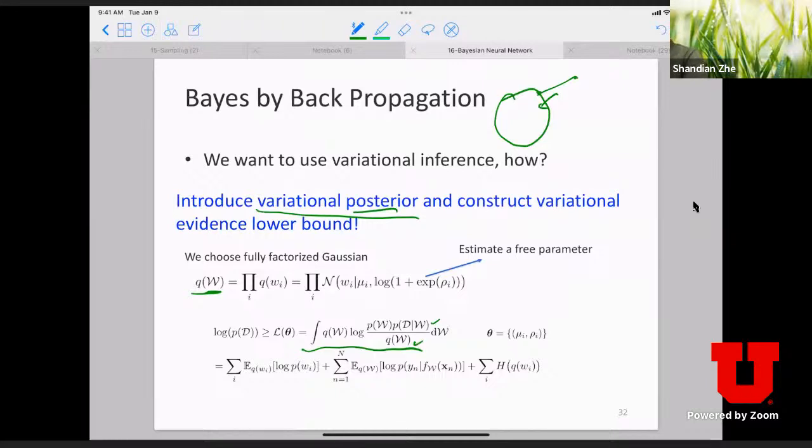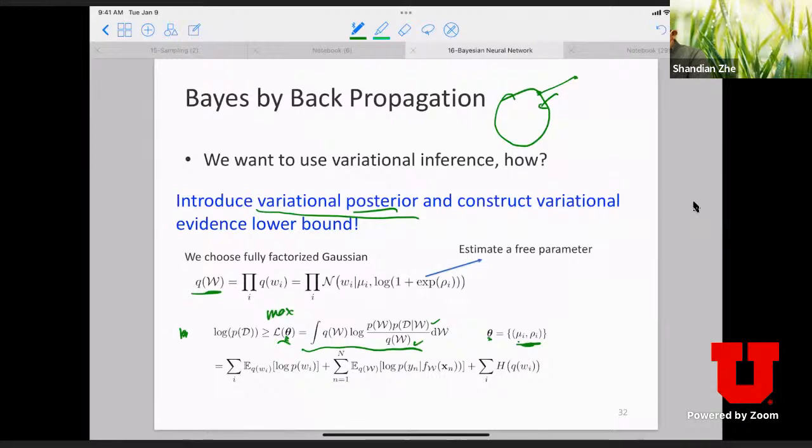The parameters for your variational evidence lower bound will include all those means and rho_i's. Your goal is to maximize this variational lower bound so as to find the optimal values of those mu_i's and rho_i's. Okay, that's the variational inference.